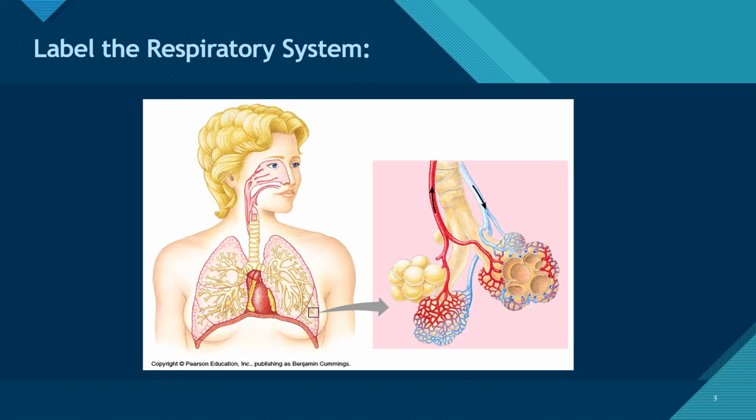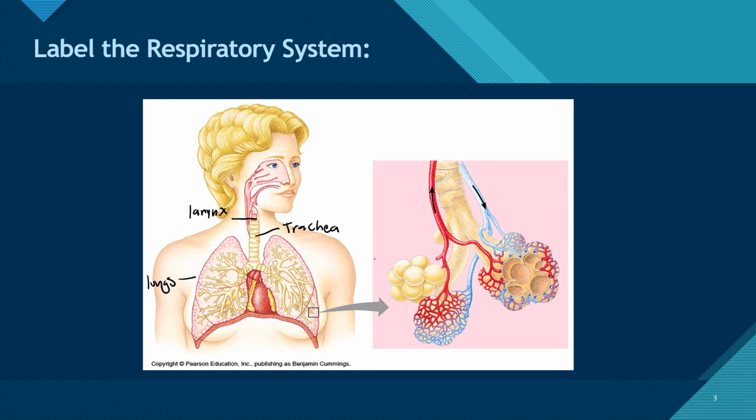We're just going to do a quick practice now on how we might label the respiratory system. So this little part up here, this just top part, is what's known as the larynx. And then, of course, this sort of tube here is known as the trachea. And then obviously these pink things here are the lungs.